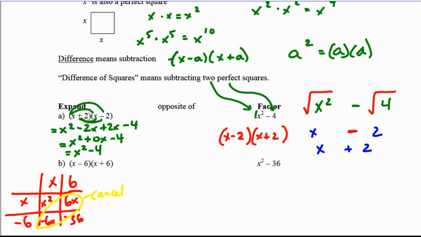So what are we left with? Well, we're left with x squared right here and minus 36. So again, if you look at these, you see two perfect squares.